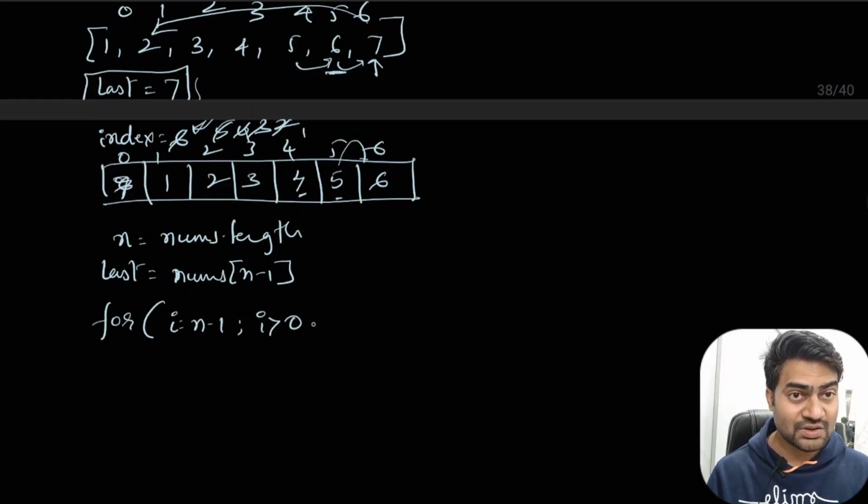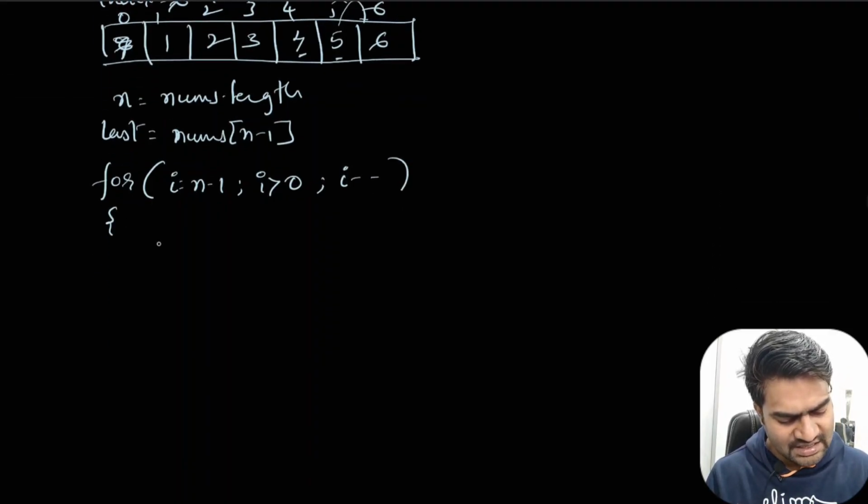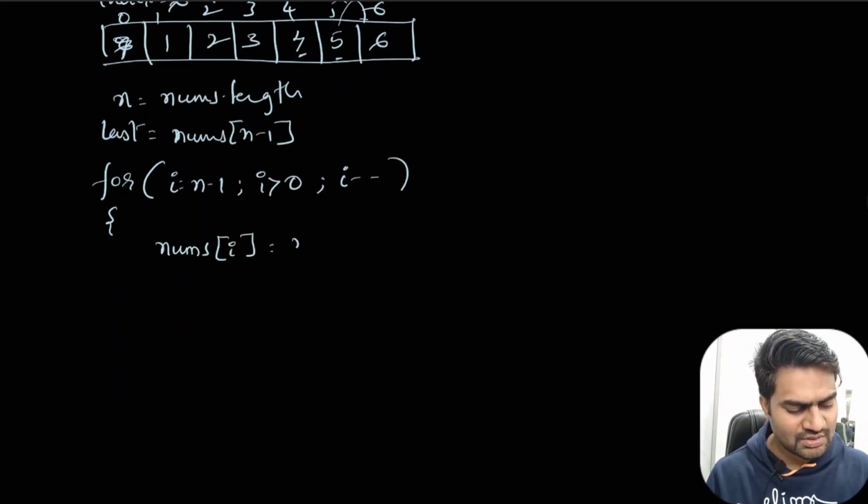It is not greater than or equal to 0. I will stop when I reach the 0th index. So I greater than 0, then I minus minus. Now what I will do, I will simply say nums of I equal to nums of I minus 1.